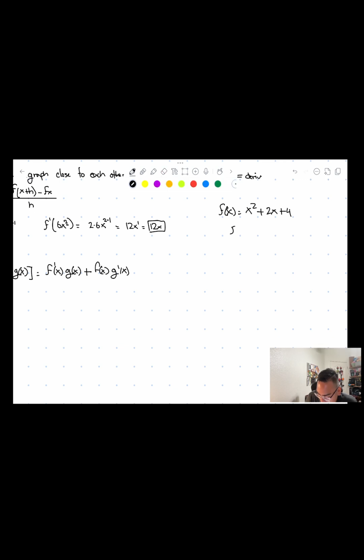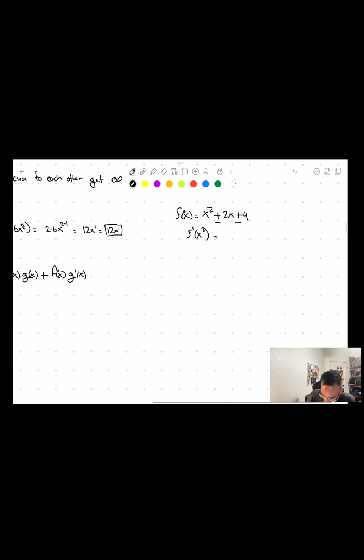So you can do f prime. I like using f prime because it's a little bit simpler, of x squared, that we know we're taking the derivative of. And we're going to keep all these symbols the same. So nothing's going to change. And then 2x, so f prime of 2x, and then f prime of 4.